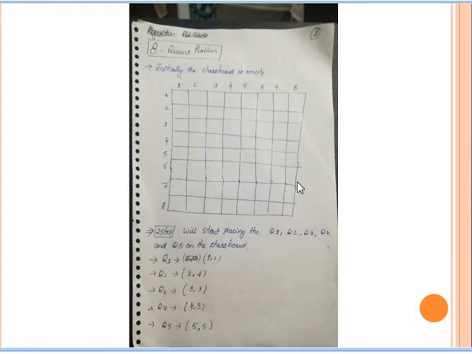Initially the chessboard is empty, no queens are placed. In the next step we start placing queens 1, 2, 3, 4, 5 on the chessboard.